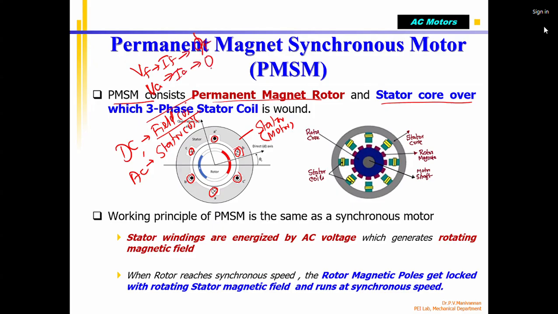If a field pole is north and the nearby armature pole is south, they will attract each other and try to align. So the rotor will try to align, and torque is produced.